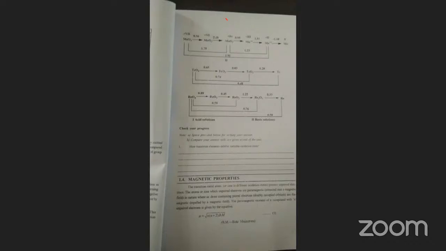So here the equation for calculation of magnetic moment is mu equal to under root of n into n plus 2.